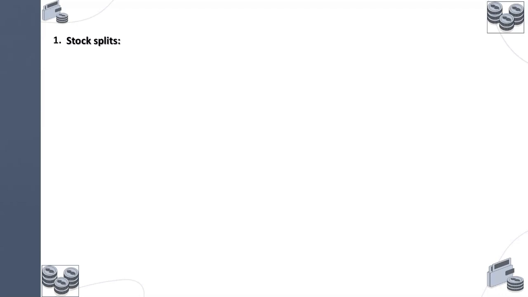So we will divide this $1,000 share into 10 shares of $100 each. In this way, small shareholders will be able to buy our company, and this also will increase the number of shares in issue and hence increase the liquidity of the share.